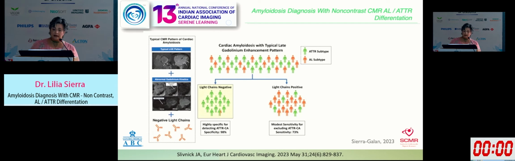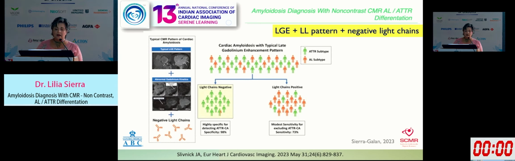So many sites are collaborating. Actually, I am collaborating with this project, and see how these different types of amyloidosis, the ATTR and AL subtypes, are within the cases of the registry, and what the main findings are. As I mentioned, LGE alone is not as good as we used to think.